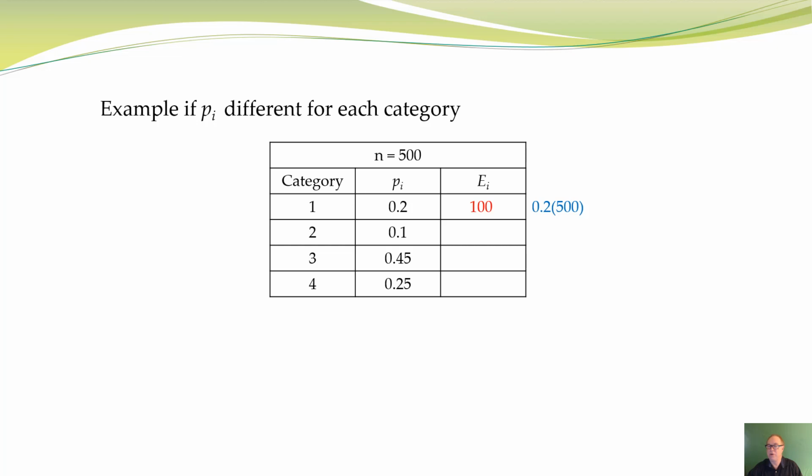For category 2, you would take 0.1 times 500 to get 50 for the expected count for category 2. Category 3, 0.45 times 500. And for category 4, 0.25 times 500. So you just take n times p sub i to find the count for the category. That's if all the probabilities are different.